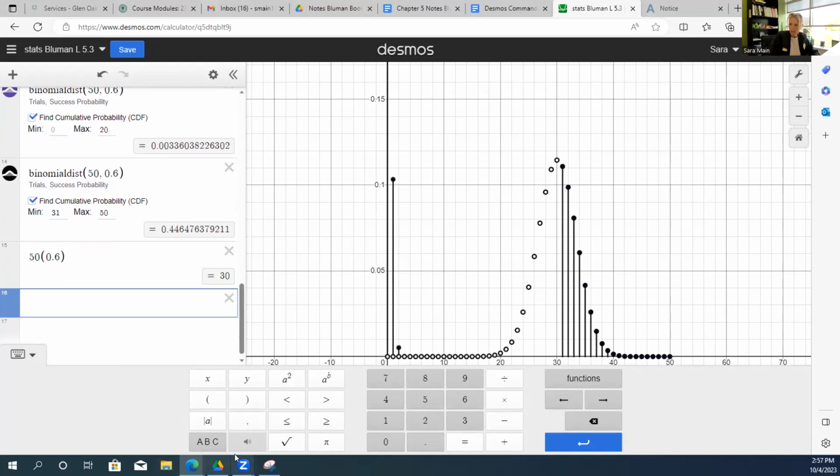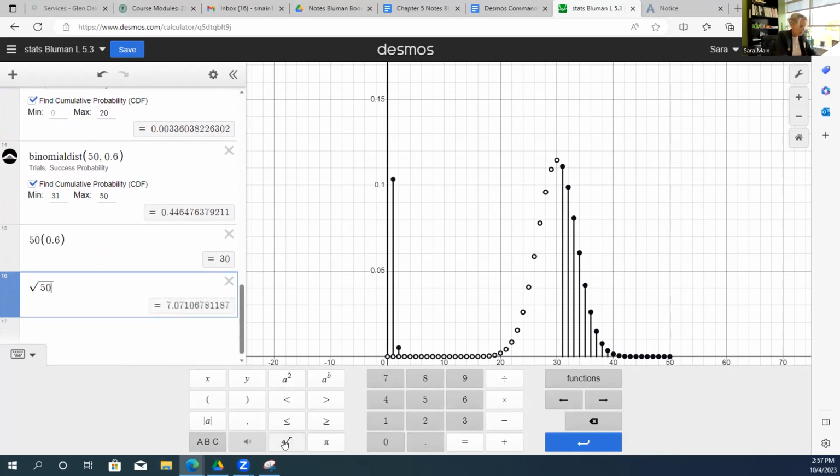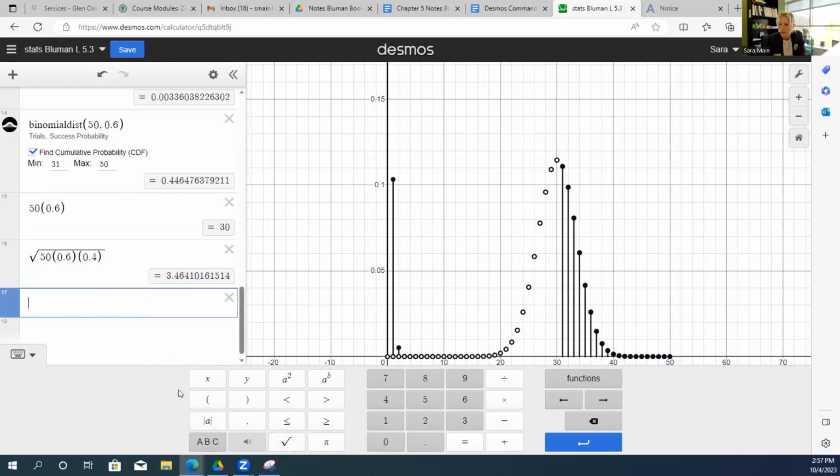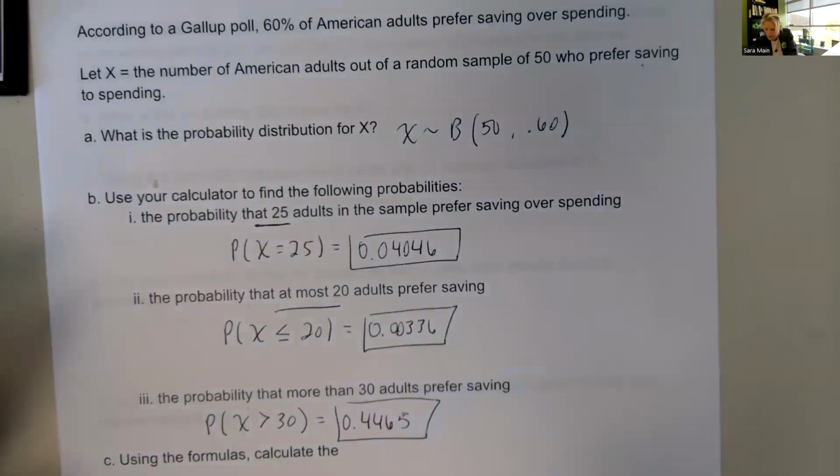And our standard deviation is the square root of N times P times Q. That comes out to be 3.464. So let's share my paper so that you can see everything.